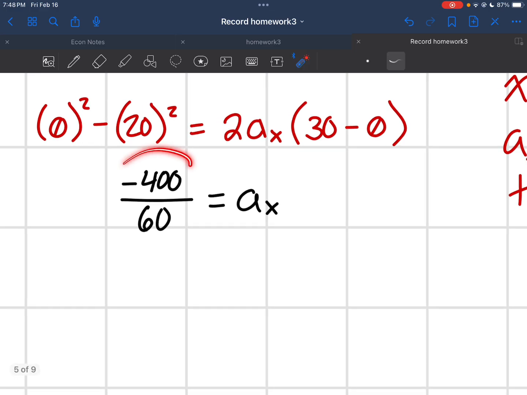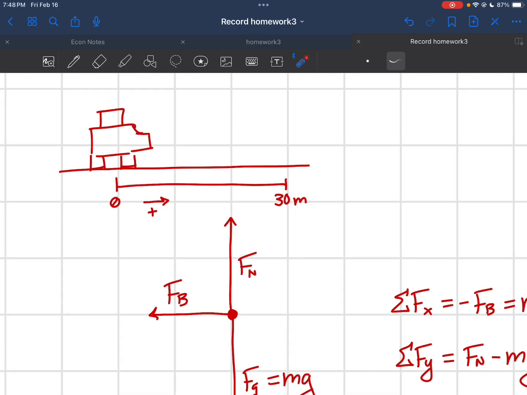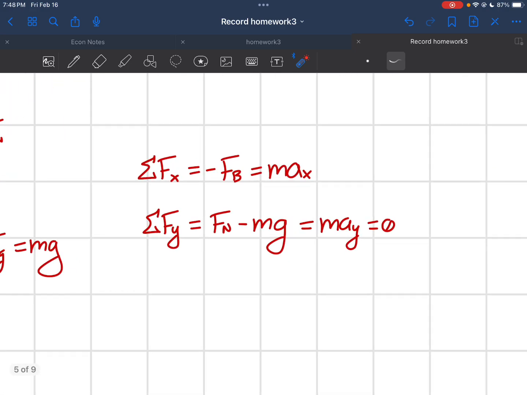You'll also notice that my acceleration, I solved for it and got a negative number. Coming back to my picture, that makes sense. If my initial velocity is positive, I'll need a negative acceleration to slow it down. And we already said before that my acceleration is being caused by a force going in the negative direction.